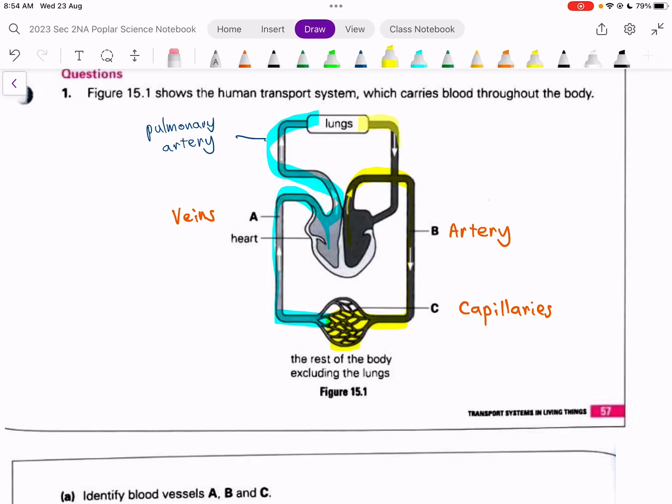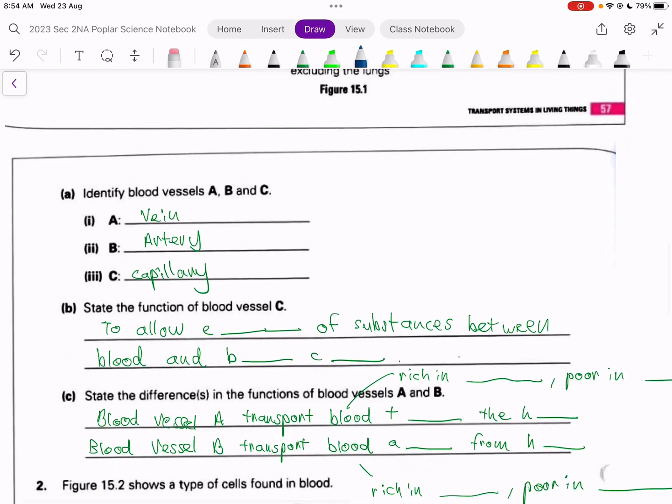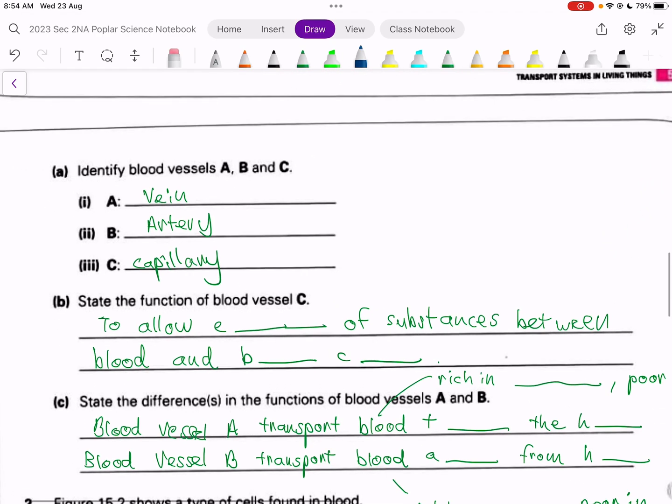Then going back to the heart from the lungs, it's the pulmonary veins. This one will be rich in oxygen. So A is vein, B is artery, C is capillary.